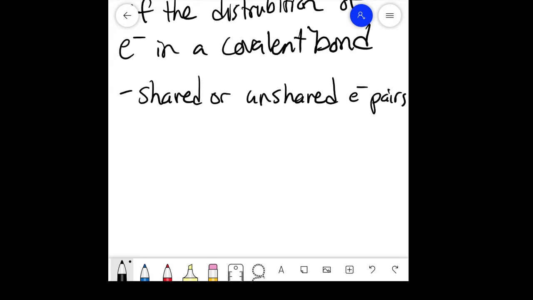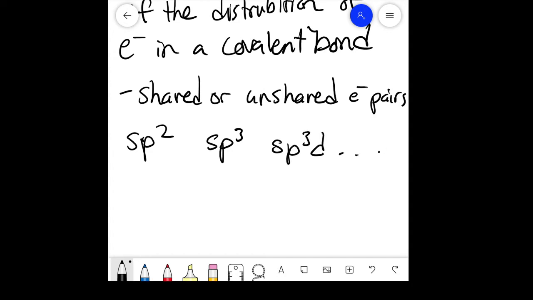So that's how you end up with those overlapping orbitals, like sp2 for something that's bent, or you have sp3, sp3d.